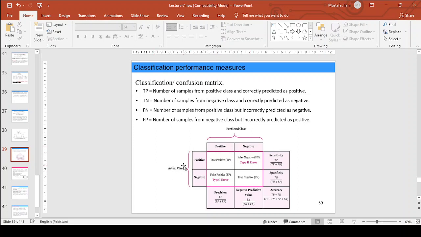So basically this is the reality and this is the model prediction. If the person has a positive test result and the model also says the person has a positive response, positive symptoms, then this is called a true positive case.